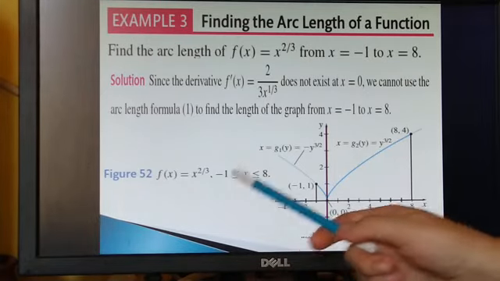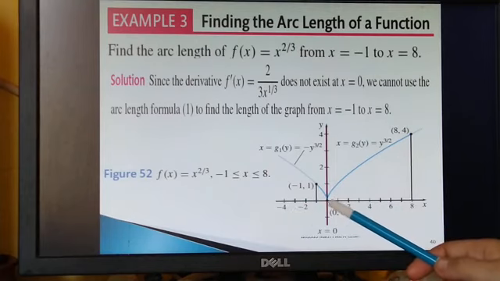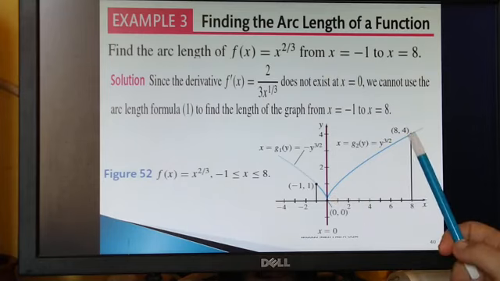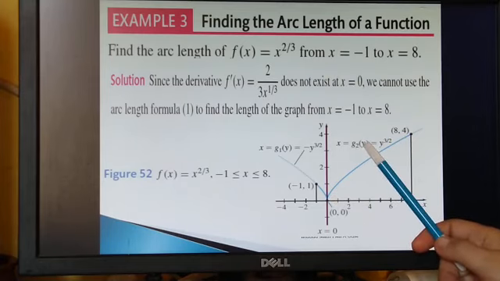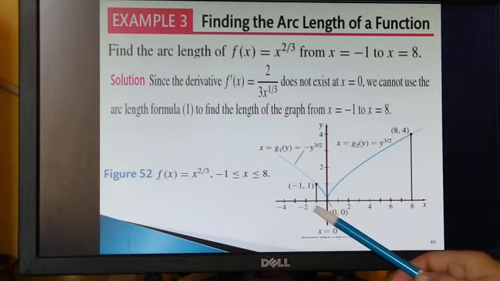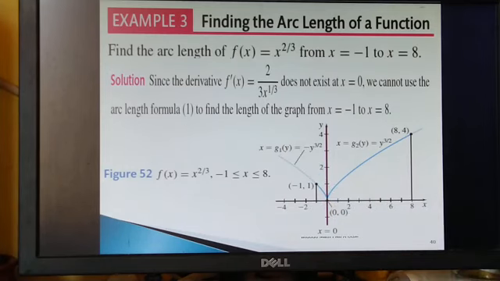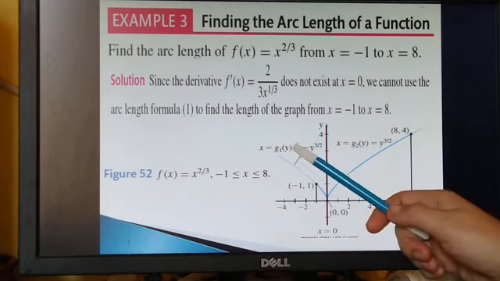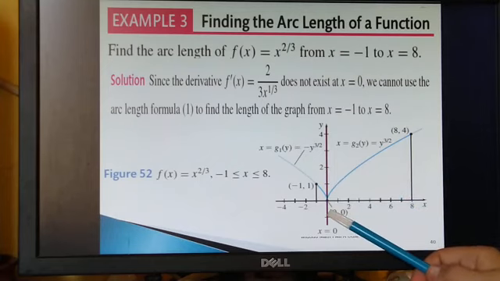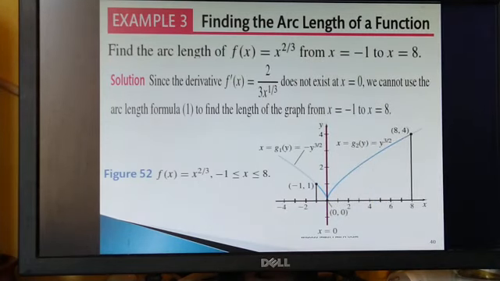Because we want to take from minus 1 until 8 through 0, we have to divide it into two parts. The right side we call g2(y). The left side, from minus 1 to 0, we call g1(y). Why do we have to divide that? Because at the point (0,0) the function f is not differentiable.